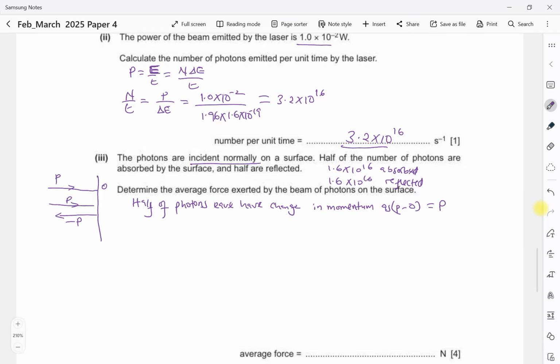So that is p. Total momentum will be the number of particles times p.